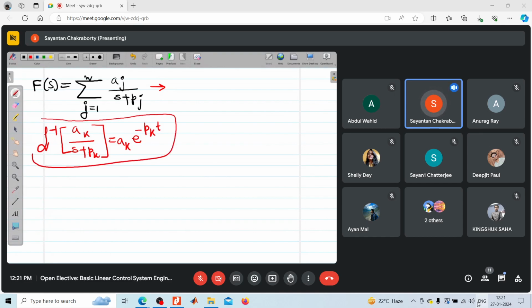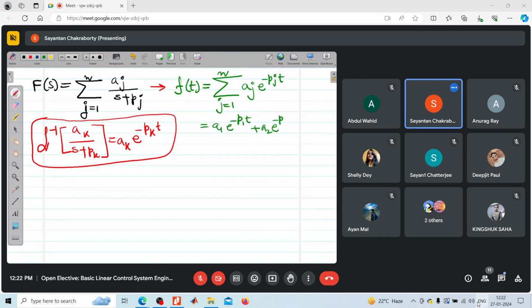So for each and every factor, we'll have an expression like this. From this you can write f(t) as a1 e to the power minus p1 t and so on, for all t greater than or equal to 0.